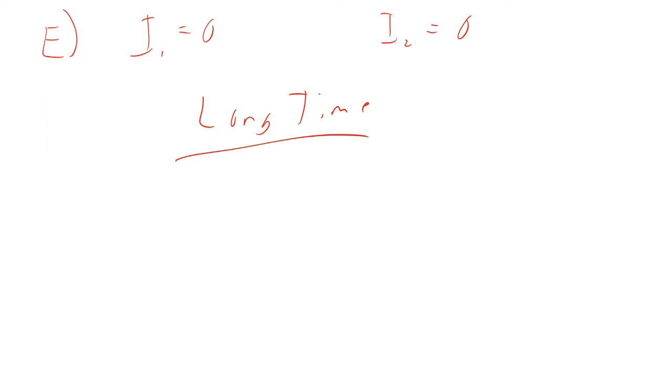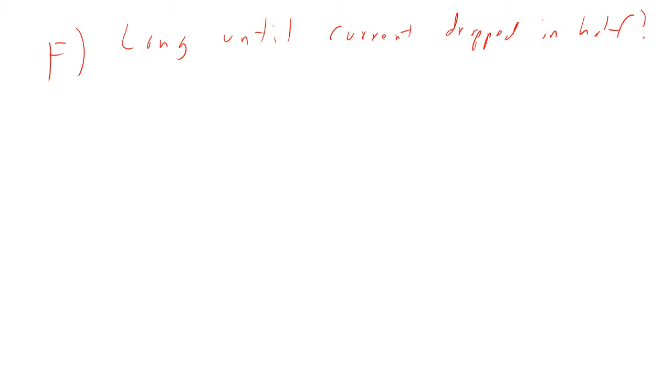Okay, so the next question, F, would be, how long did it take until the current dropped to 1/2? So I want to know I equals 1/2 of the I naught.